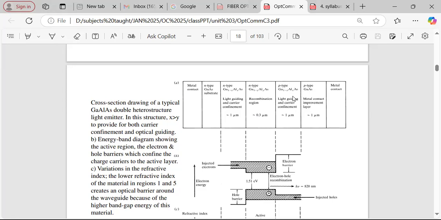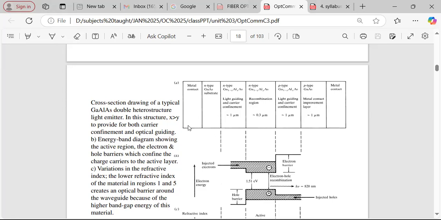After this there is a p-type semiconductor material, and these two layers, n-type and p-type, have the same width and are responsible for carrier confinement. And the last layer is p-type gallium arsenide. This is the improvement layer, or we can say the substrate.